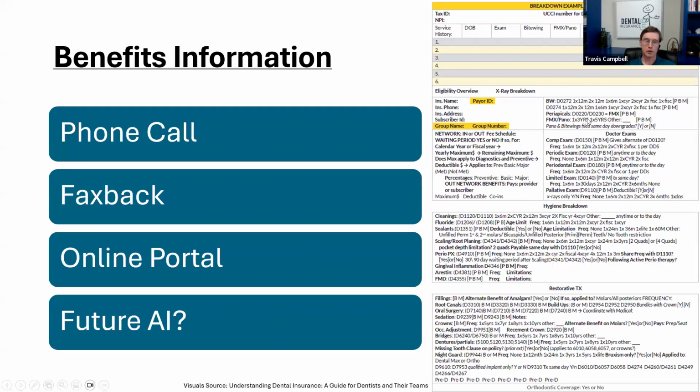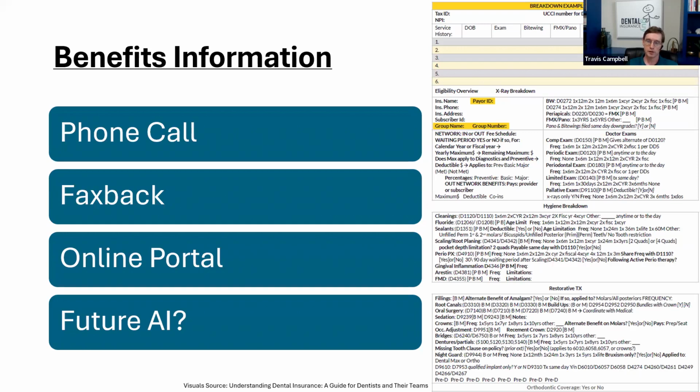Now, when you look at this benefits information, yes, you can get it from a variety of ways. The most traditional and currently the best way to do it, if you truly want full details, is a phone call. Pick up the phone, talk to the insurance agent, ask them all the little itty bitty normal differences on an insurance policy.